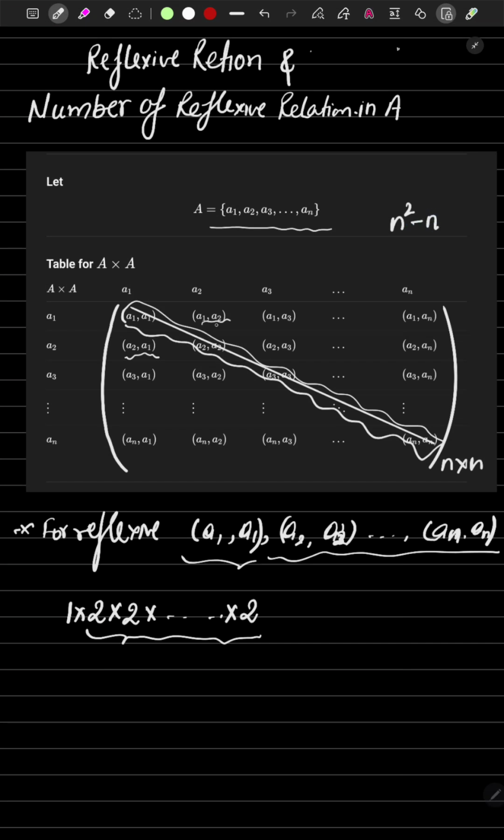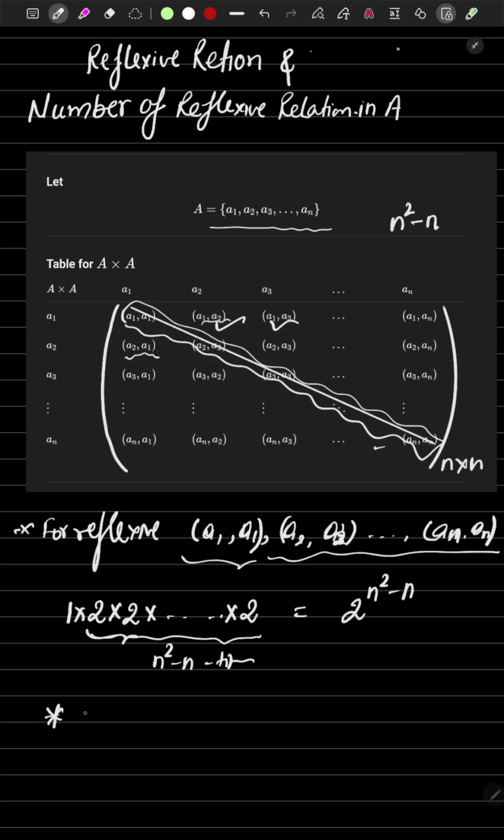Either each element will come or not, so 2 into 2 into 2 will be written n squared minus n times, which is nothing but 2 to the power n squared minus n. I hope it is very clear to you all that the number of reflexive relations in set A is equal to 2 to the power n squared minus n.